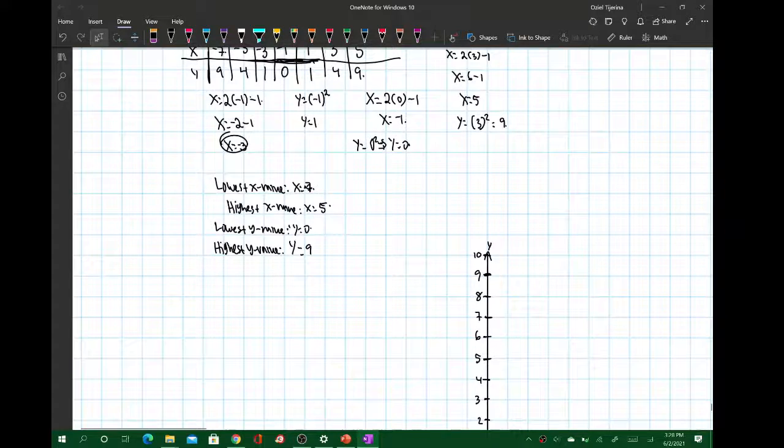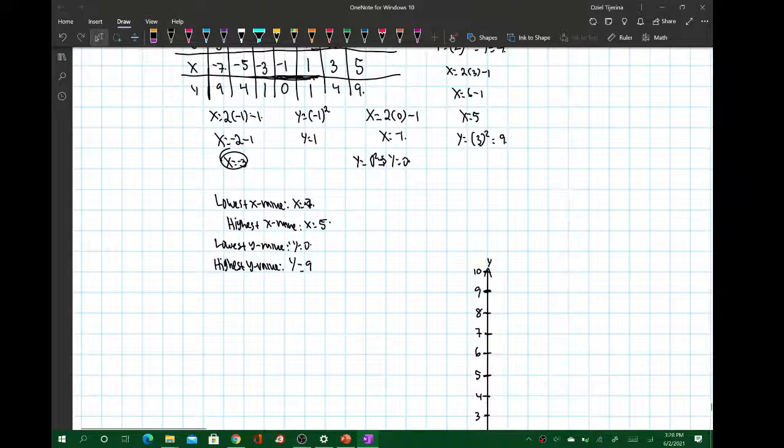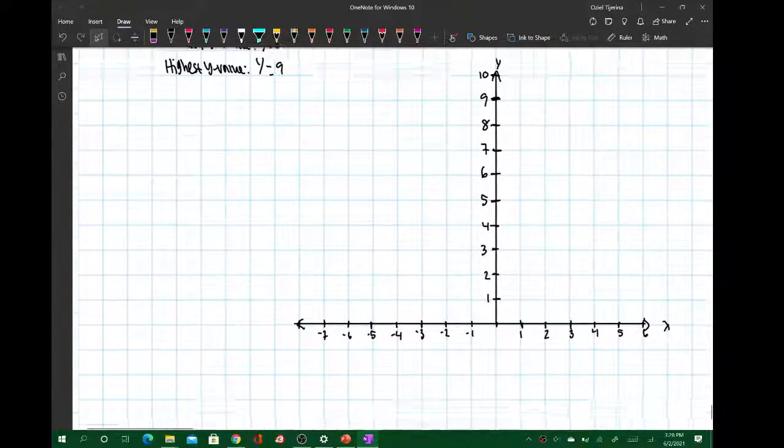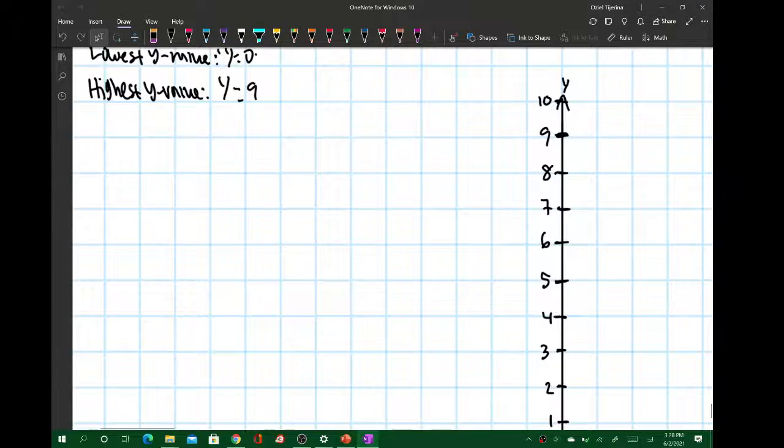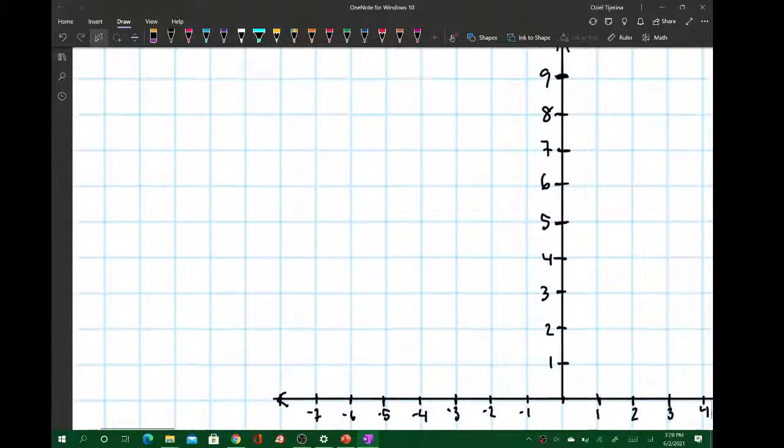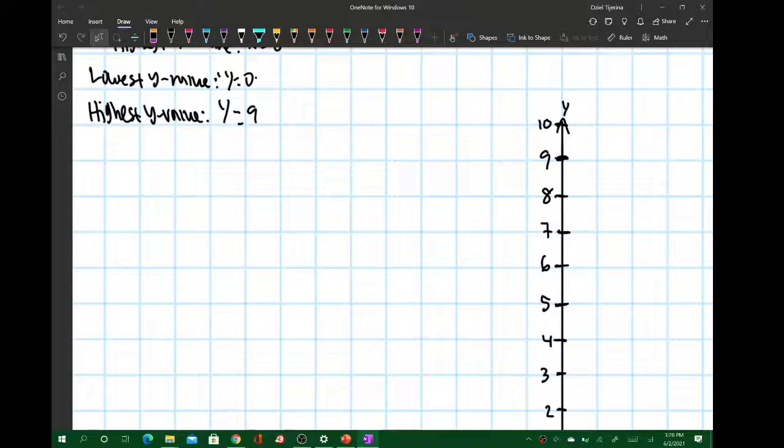So anyways, we're going to go ahead and plot our points. The first one is -7, 9. So let's plot that. As we go, we're going to put the t value.